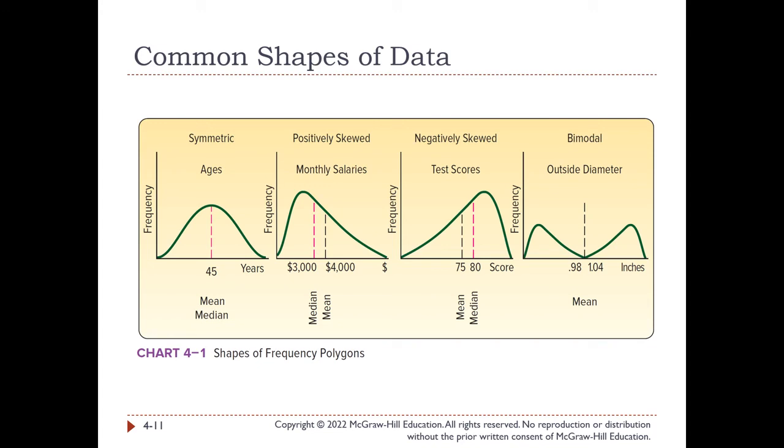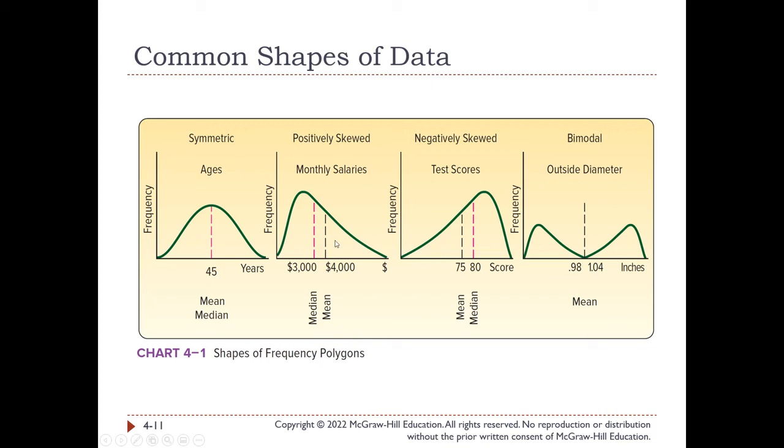Now, usually when we do have a bimodal shape, with the 2 peaks, it may indicate 2 or more populations have been combined. So we would have to check on that too. We may have to split it up. But also notice where the mean and median are.